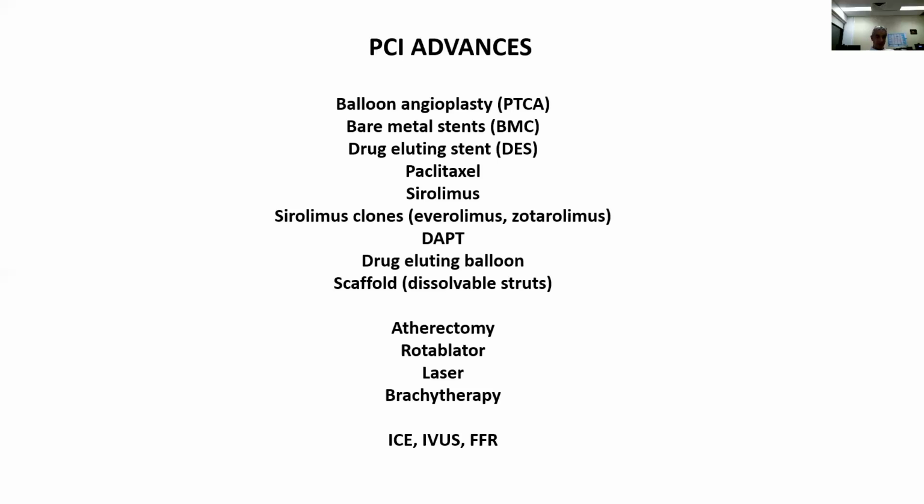The two drugs that came to the fore after introduction of the drug-eluting stents were paclitaxel, cytotoxic, and sirolimus, cytostatic. One kills the cells, the other one simply arrests the development. This one worked better and is the one in wider use, although paclitaxel still has a place.